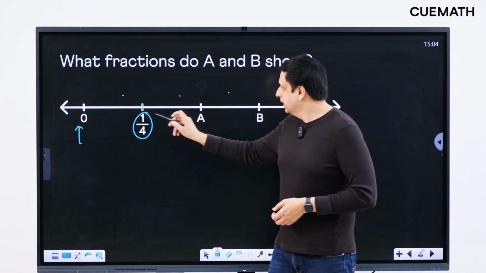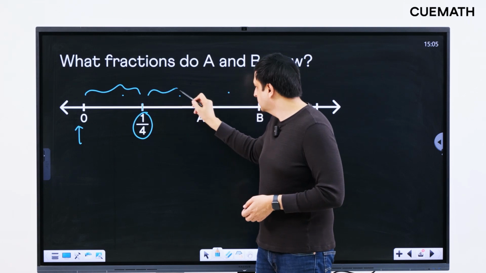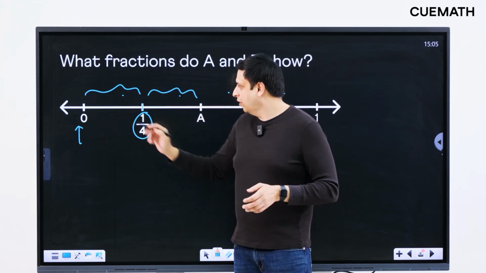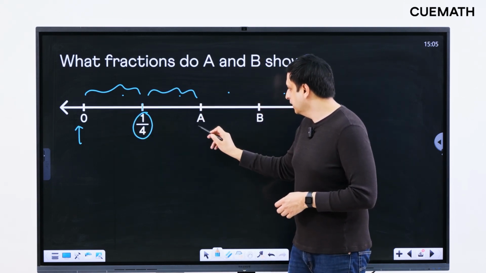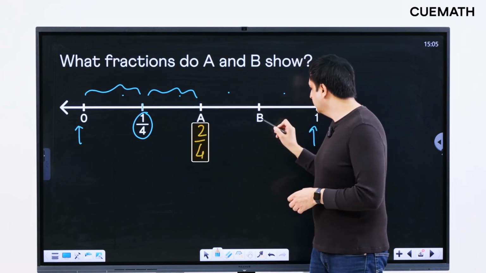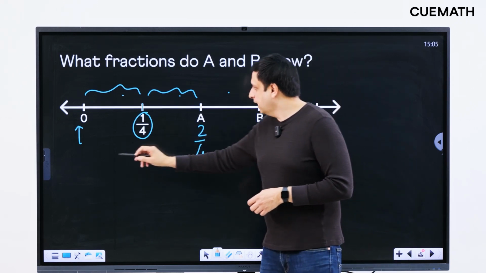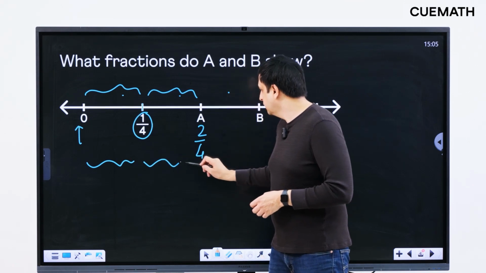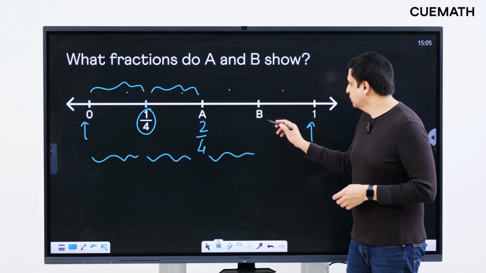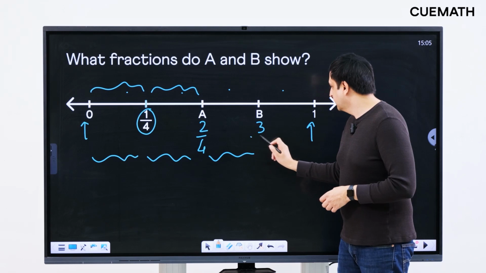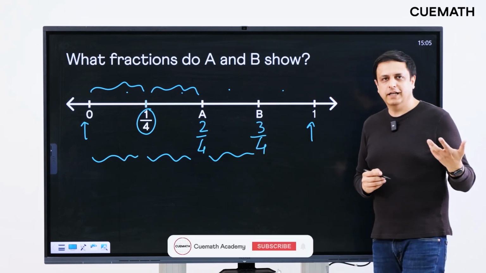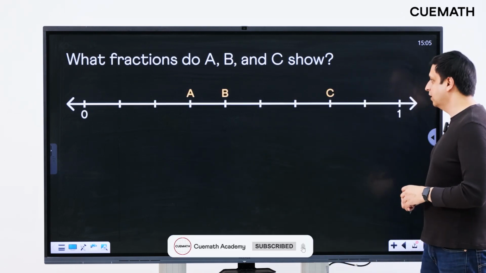So this point is at a distance that's 2 parts away from 0. So this point should be 2 over 4, and this point here B is at a distance from 0 that's 1, 2, 3, 3 parts away from 0. So B should be the point 3 over 4. So that's how you think about fractions on the number line.